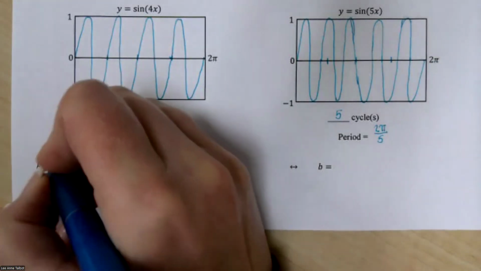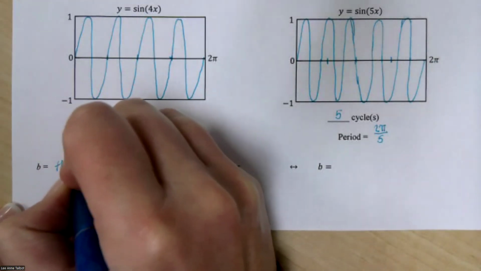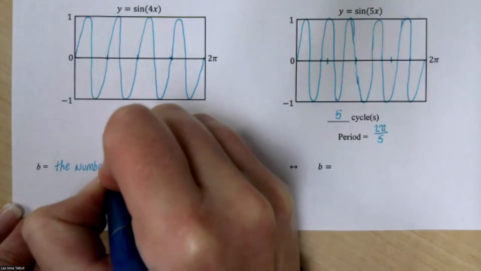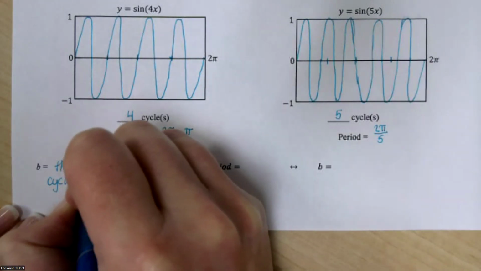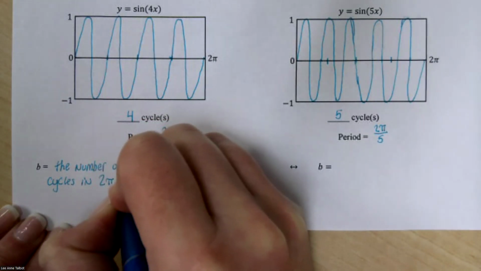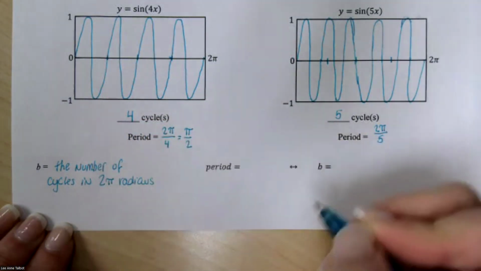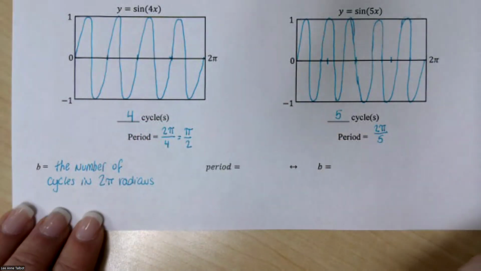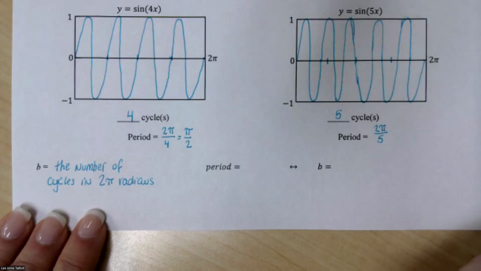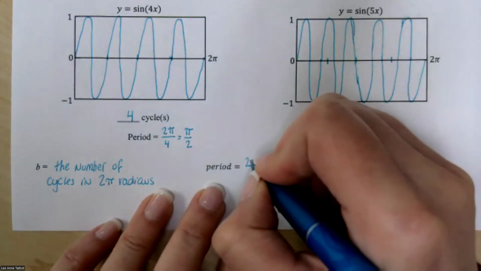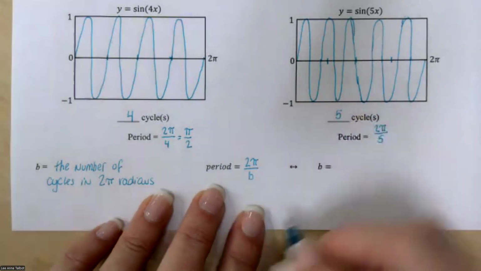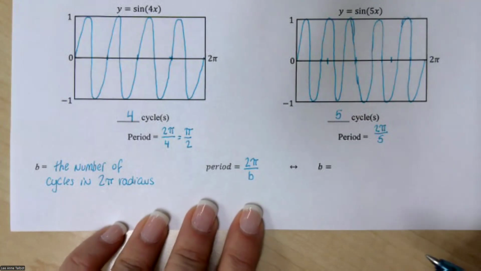B is the number of cycles in 2 pi radians. The period is 2 pi divided into B equal pieces.